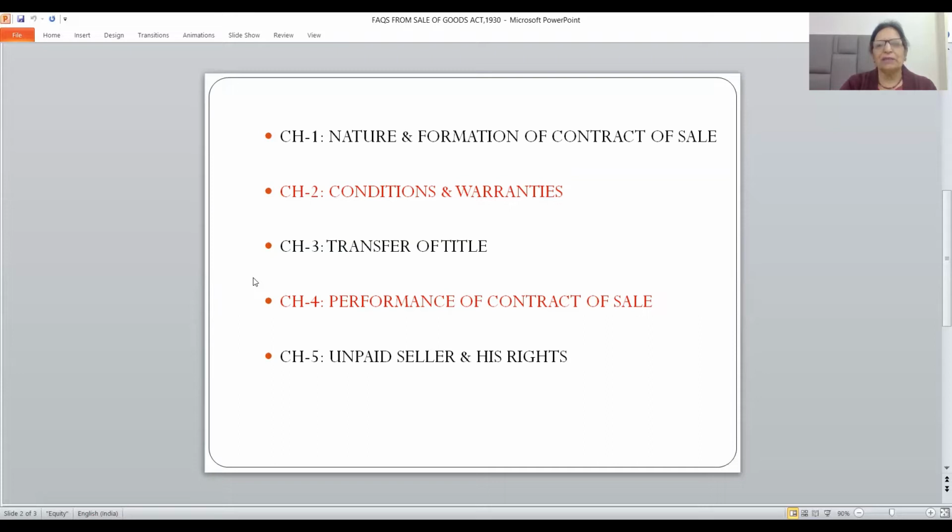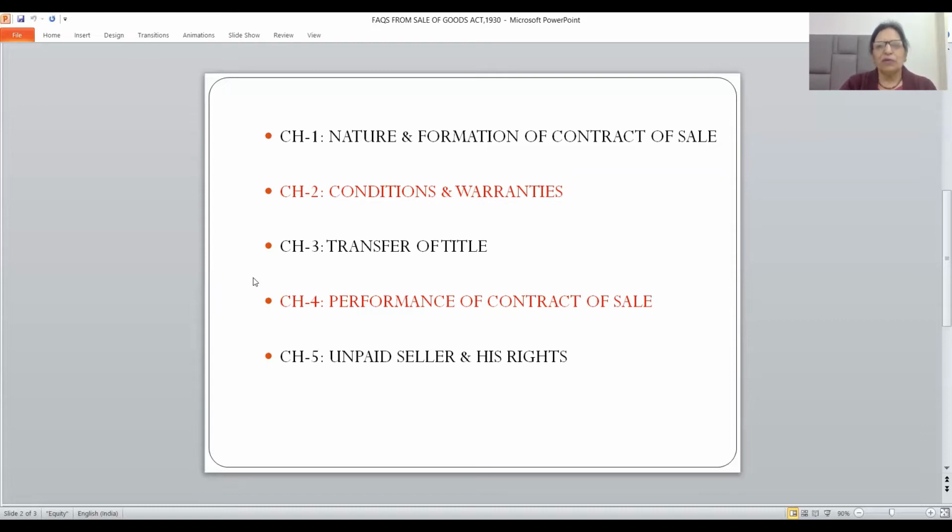Another question which has been asked in the examination from this act is: define the term contract of sale and what are the essential features of contract of sale. 6 to 7 points are there. 2 parties, transfer of ownership, delivery of possession.